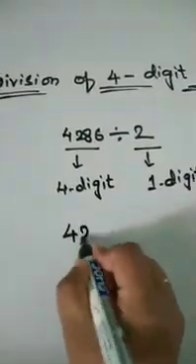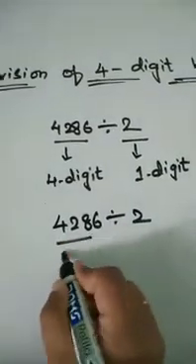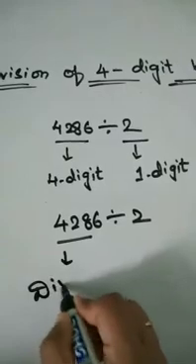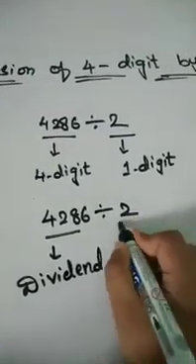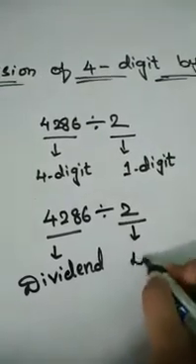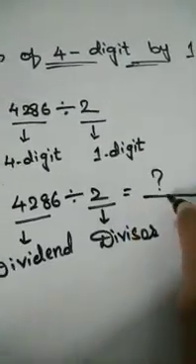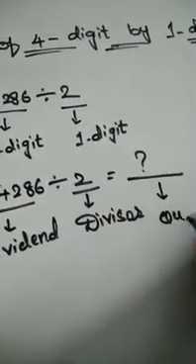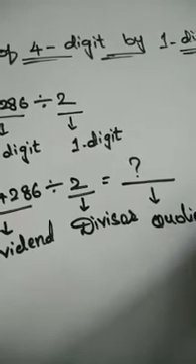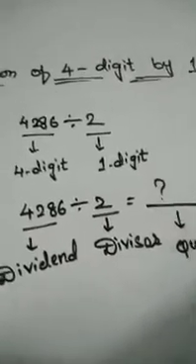Now 4286 is the dividend and 2 is the divisor. Now we have to find the quotient. So let us solve this.